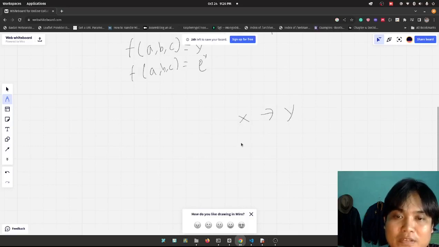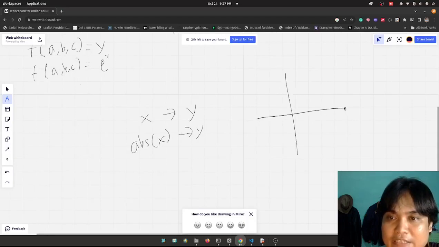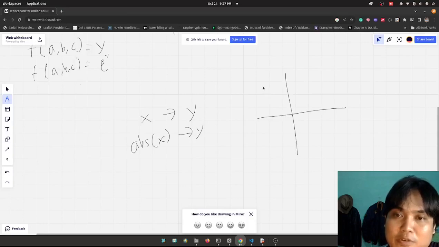For example, it depends on the absolute value of X. So if we do a scatter plot for X, the plot will be something like this.